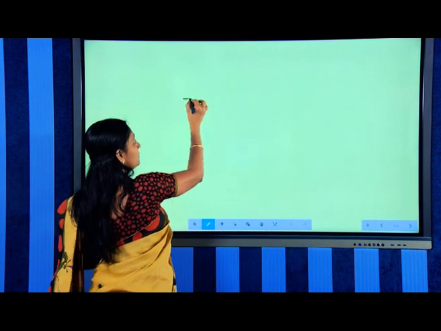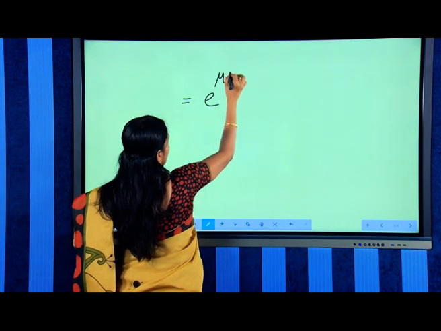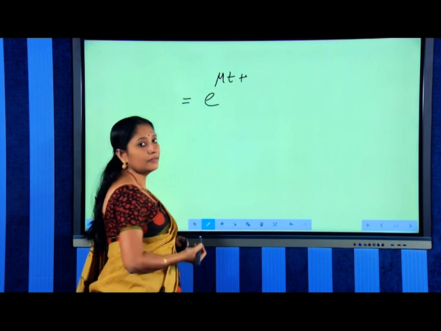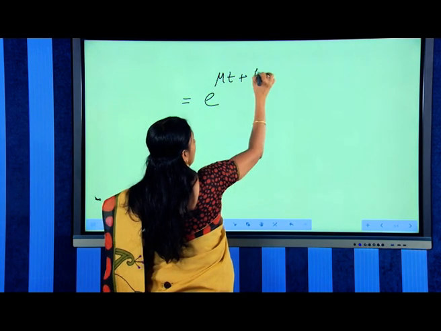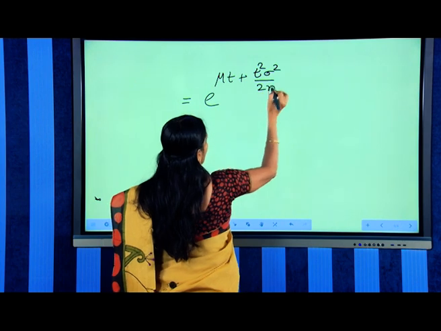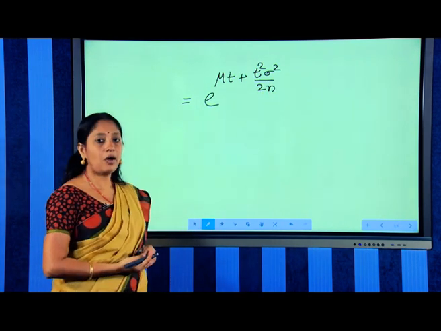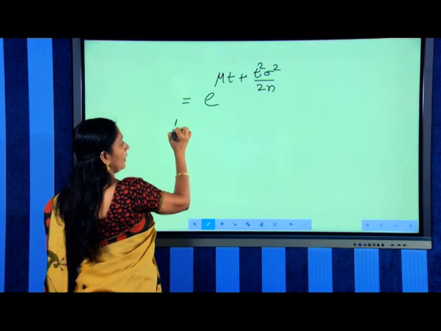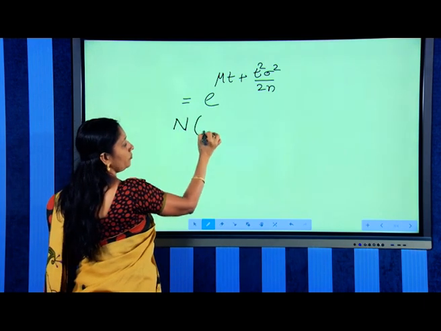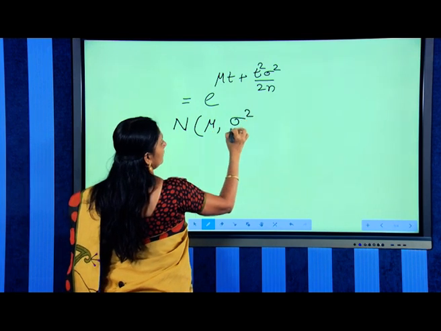That is equal to e raised to mu t plus t square sigma square by 2n, which is the moment generating function of a normal random variable with mean mu and variance sigma square by n.